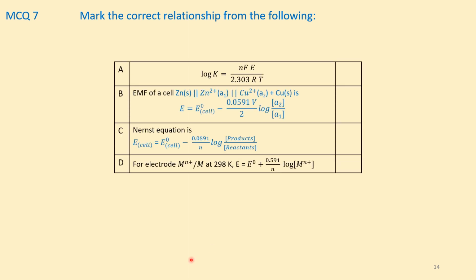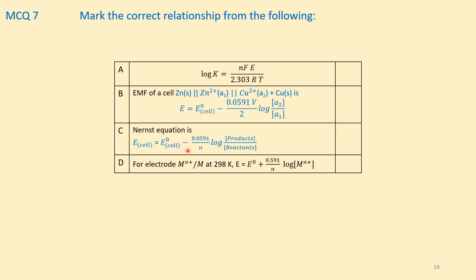Next question. Mark the correct relationship from the following. So four relationships are given. Log K is equal to nFE divided by 2.303 RT, and EMF of cell for Zn, Zn2 plus A1, Cu2 plus A2, Cu is EMF is E naught cell minus 0.0591 divided by 2 into A2 over A1.